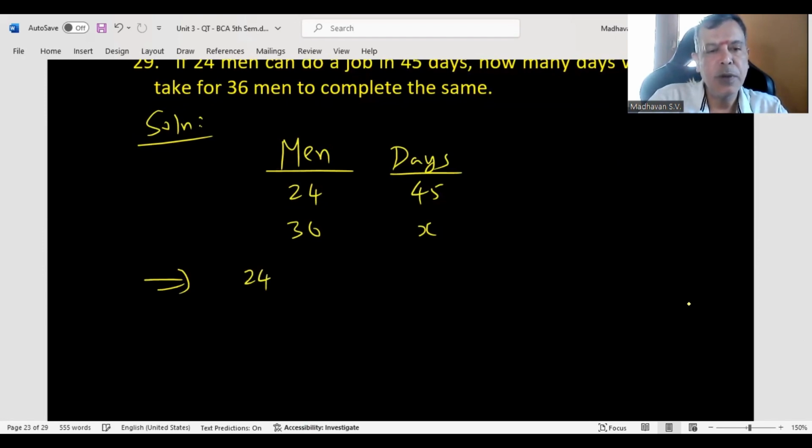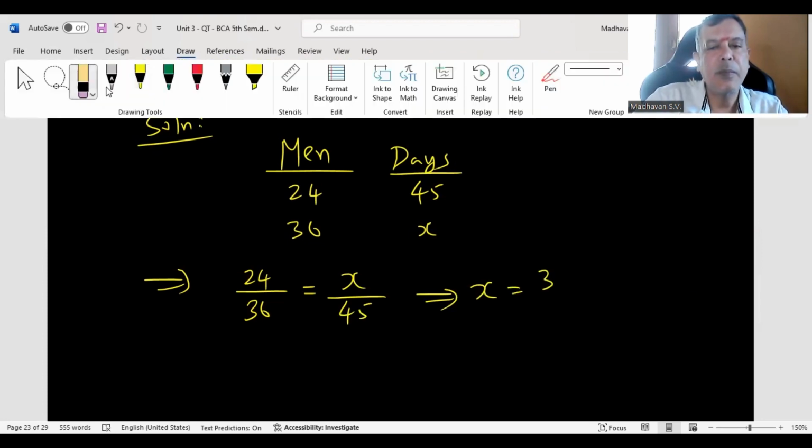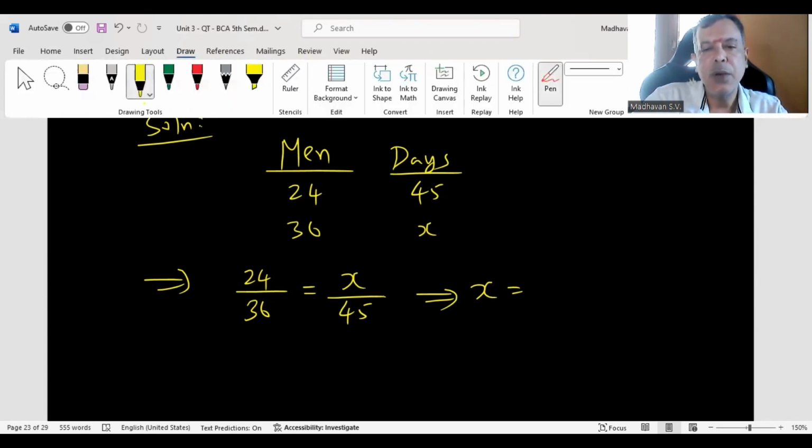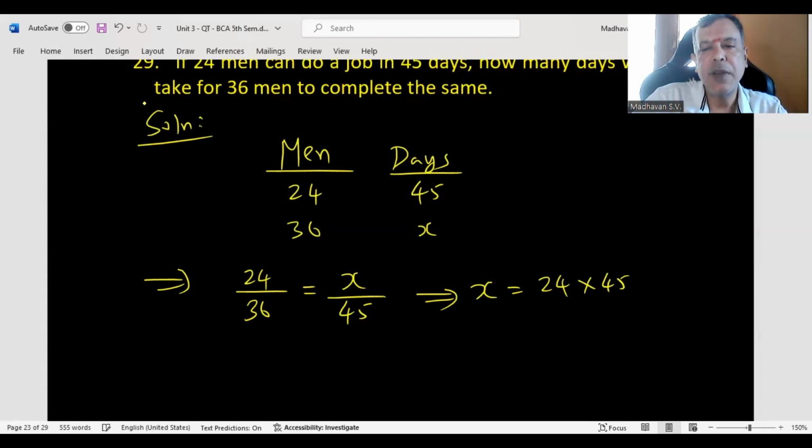So 24 by 36 equal to X by 45, which means our X will be 24 into 45 divided by 36.